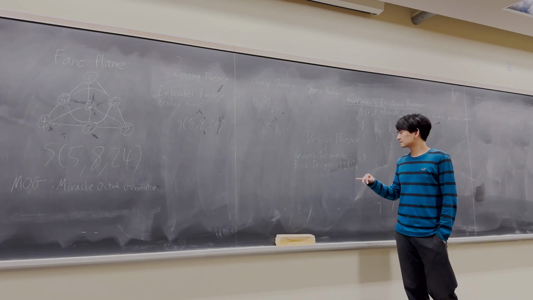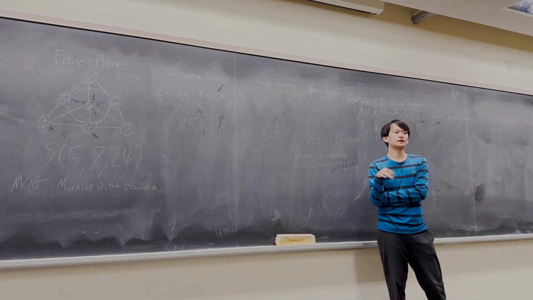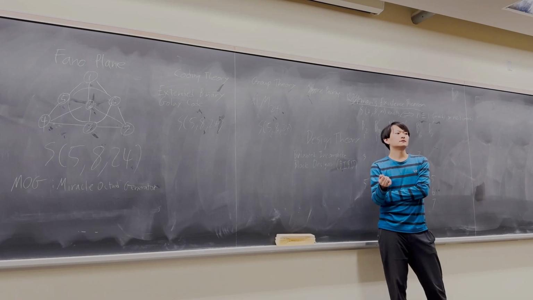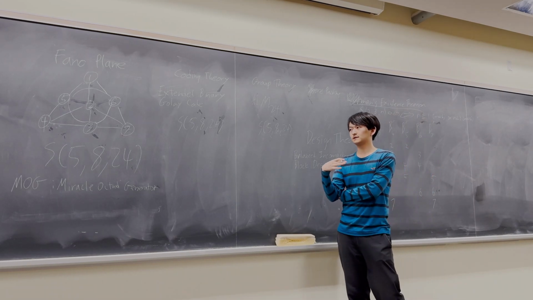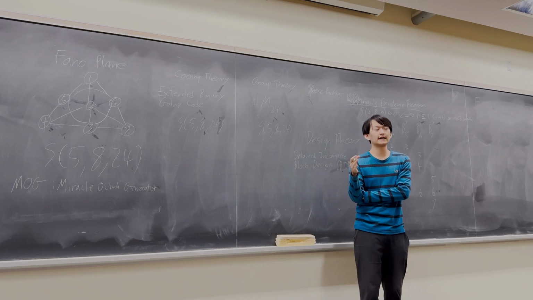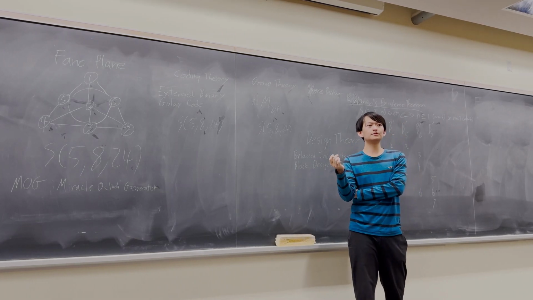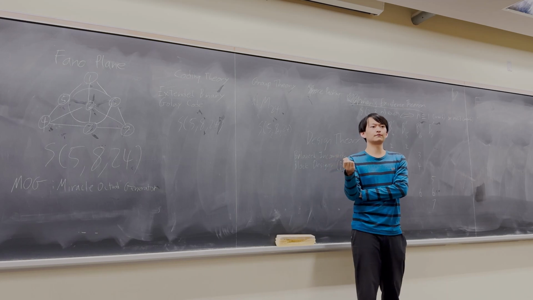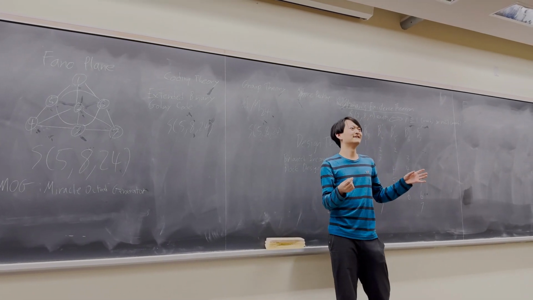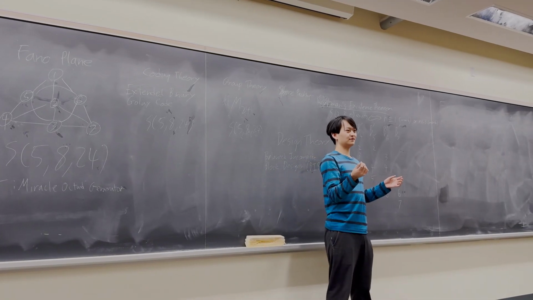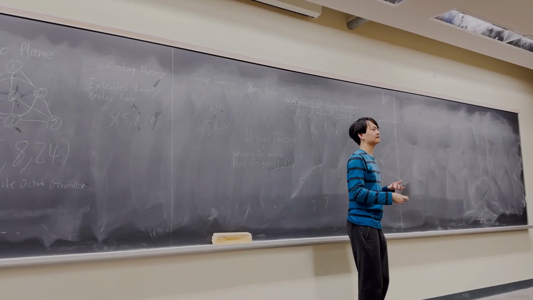BIBDs actually have some relevance in experimental design. For instance, suppose you wanted to test 3 different brands of eye drop medication. You could do so by fixing a participant, and in one eye you drop one of the brands, in the other eye you drop a different brand.